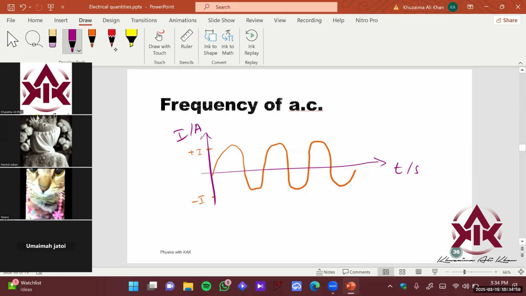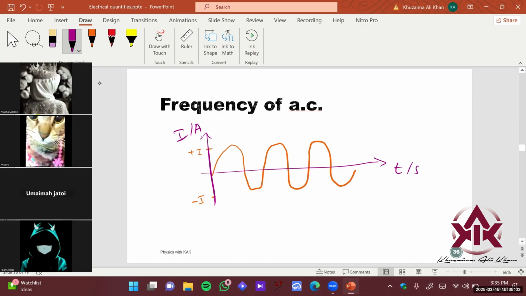So can anyone tell me when do we have one complete cycle here? You can see that one cycle ends here. After this, the cycle repeats. So the one cycle duration is basically this.